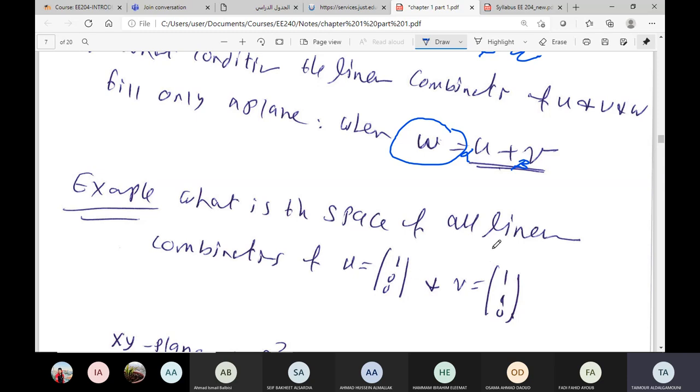Okay, what plane is this? It is the XY plane. Look, because this is the X component and this is the Y component. The Z component is always 0, right? Because if we multiply 0 by any number, it will be 0. So 0 plus 0 is 0. So here the Z component is always 0, but we will have the X and Y components.